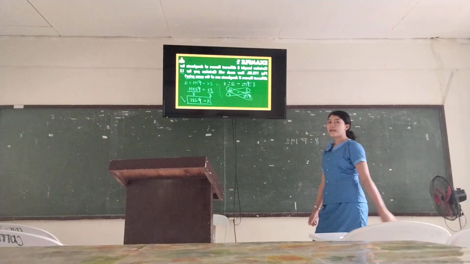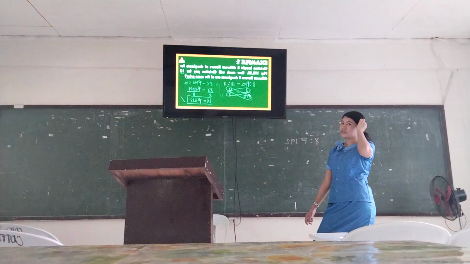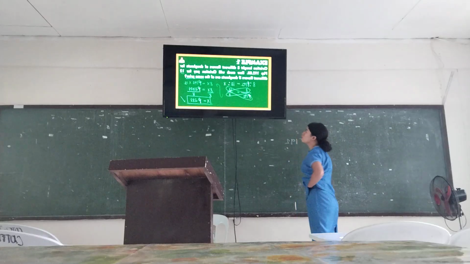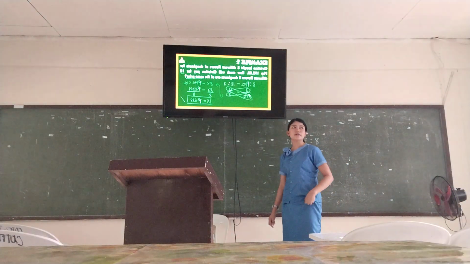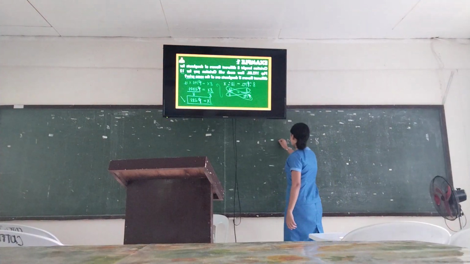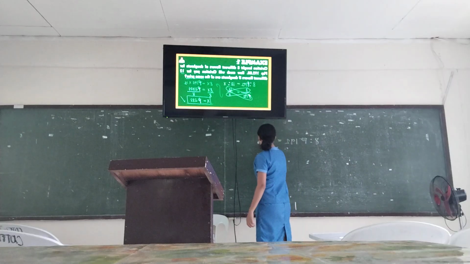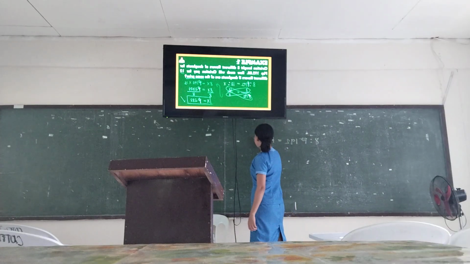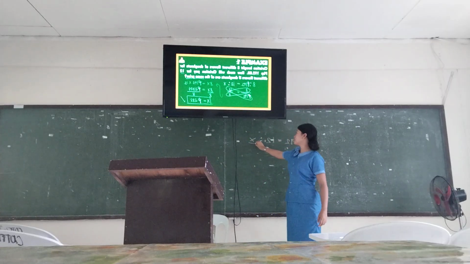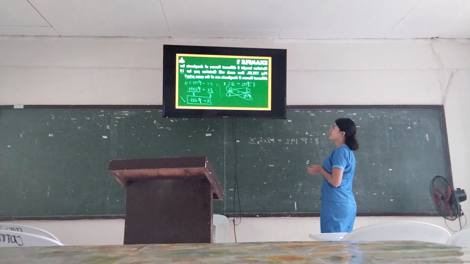So that means 8 is to 192. Then we want to know the price if Christian buys 12 donuts. So, 12 is to X. X is what we are looking for.